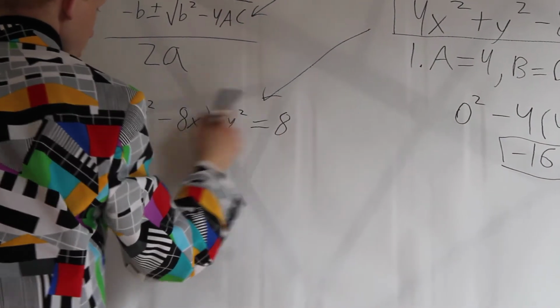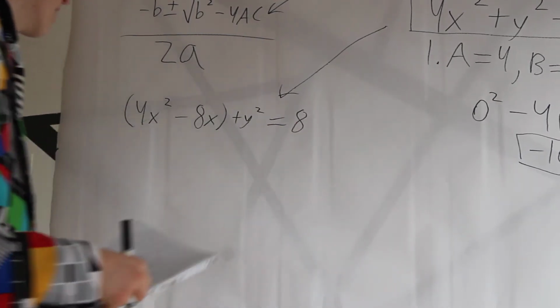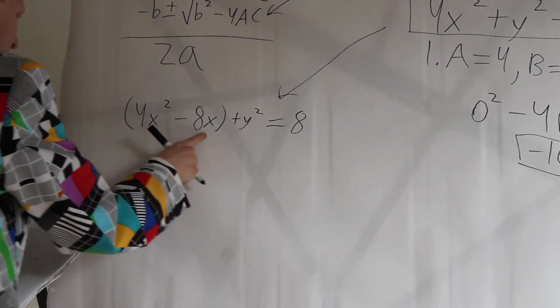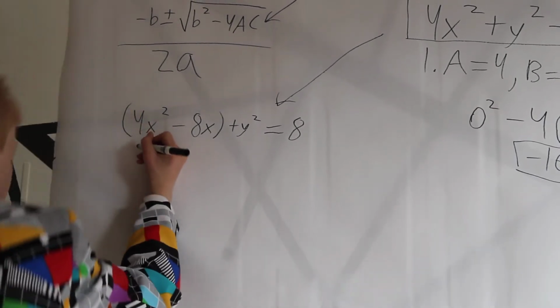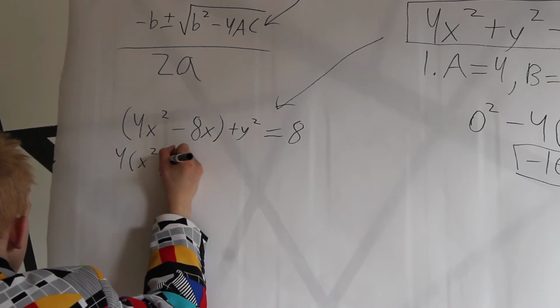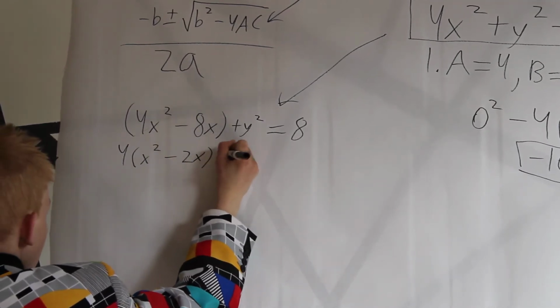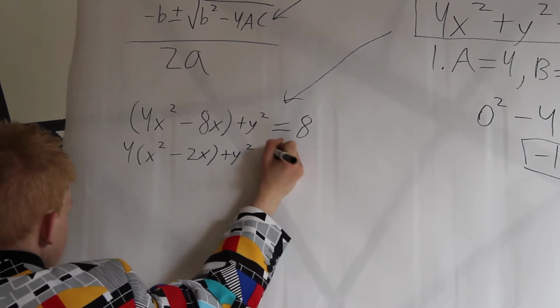All I did was put these in parentheses and move 8 to the other side. Next we're going to take out 4 from here. So now we have 4 times x squared minus 2x plus y squared equals 8.